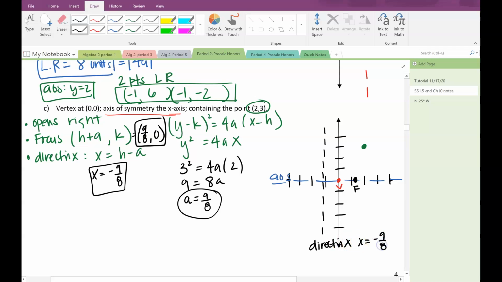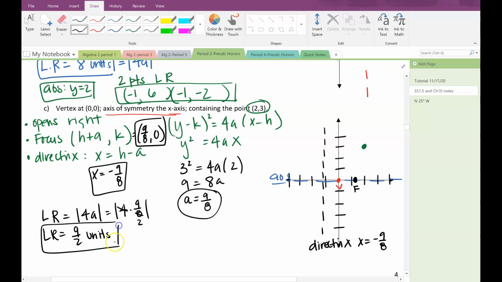All right, what I'm missing is my total length of the latus rectum. Total length is the absolute value of 4a. We see that a is 9/8, so that's 4 times 9/8. That gives us a total distance, let's reduce, of 9/2 units. So that means it's 4.5 units.